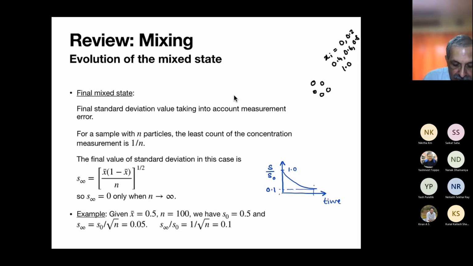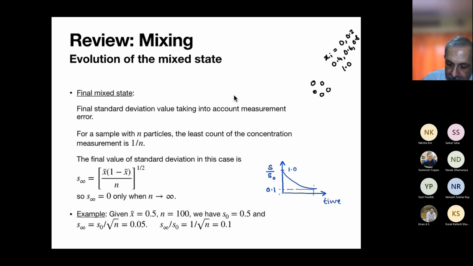So if we do a simple calculation, then if x bar is 0.5 and let's say in every sample we have around 100 particles, then from the formulas that we have put down, S0 will be 0.5 and S infinity, which is S0 divided by square root of n, will be 0.05.